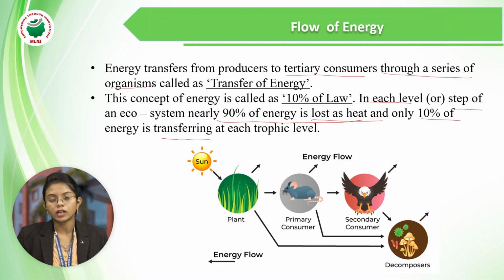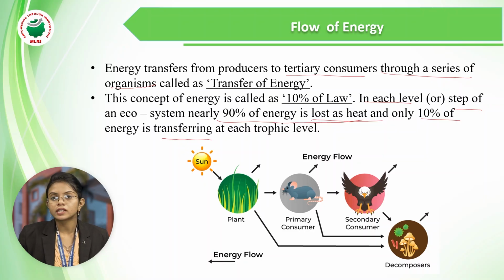So simply we term it the 10% flow, because only 10% of energy is transferred from one trophic level to another. The remaining 90% of the energy is lost as heat.